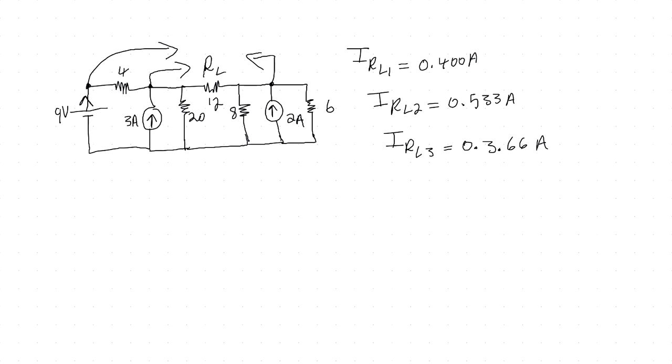So the final current for IRL is going to be 0.400 plus 0.533 minus 0.366. That will be the final current for IRL.